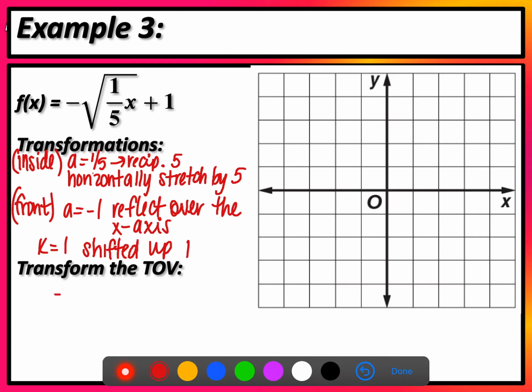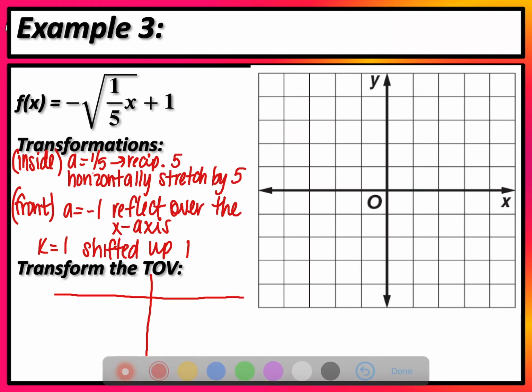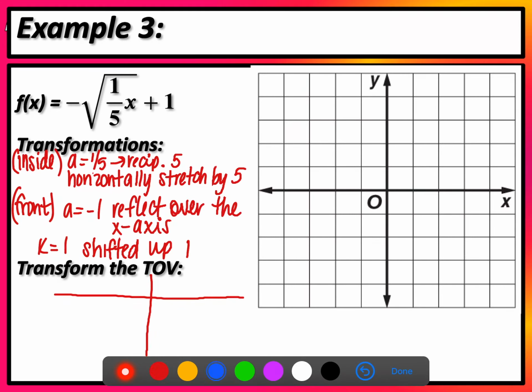All right, and let's see if we can squeeze our table of values in here. All right, so for a square root function, the parent equation is y equals square root of x. So remember, when taking the square root, we can't use negatives. And to make our life easier, I'm going to use all perfect squares in my parent function.